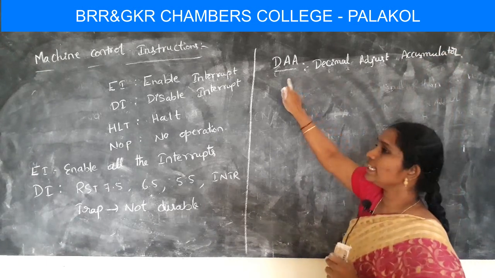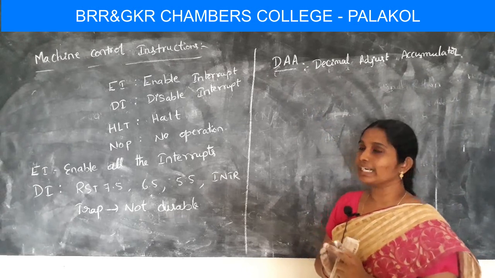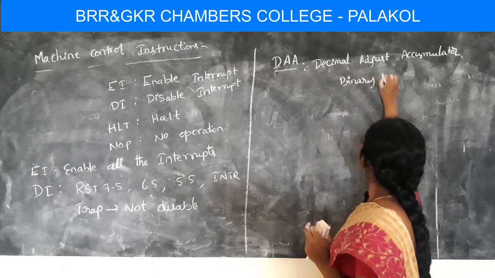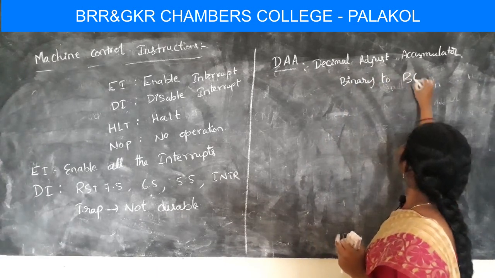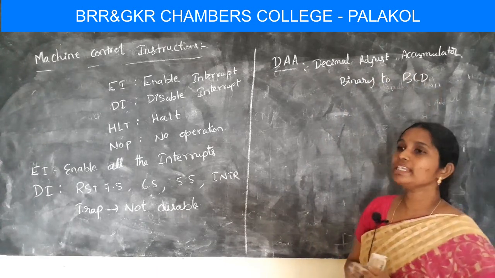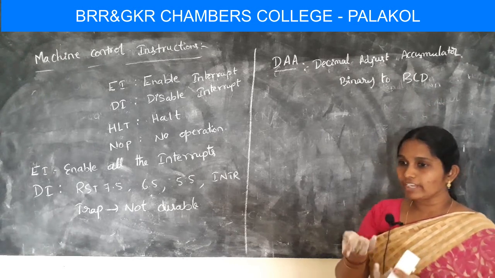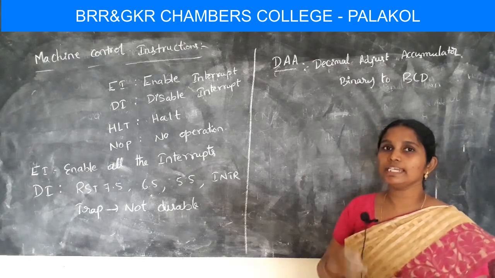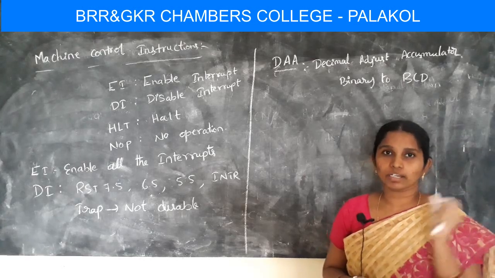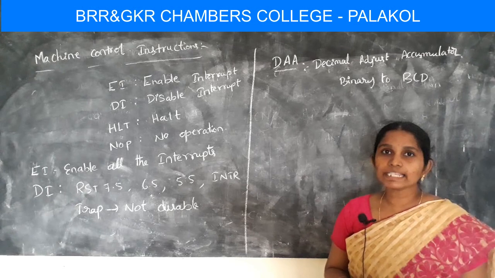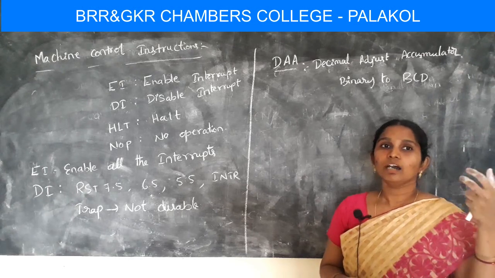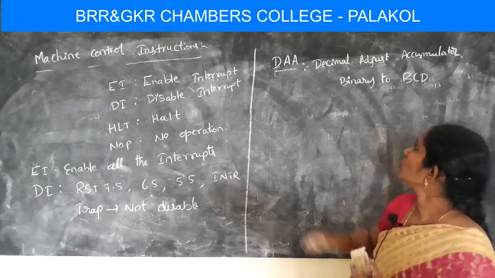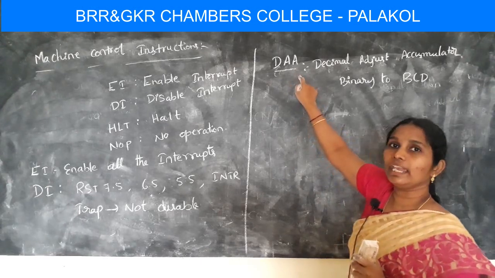This instruction is used to convert binary numbers to BCD numbers. The accumulator checks whether the result of the BCD numbers exceeds 9 or not. If the result exceeds 9, then it will subtract 6 from that number. That is DAA.